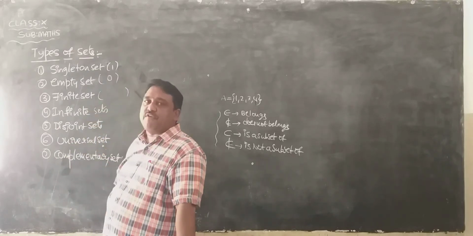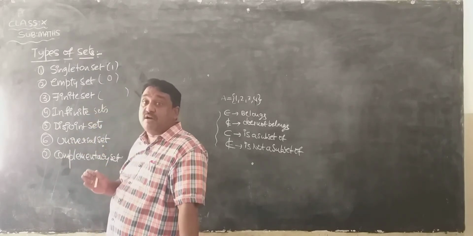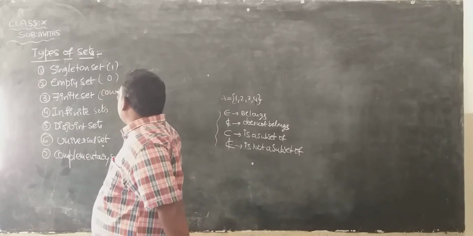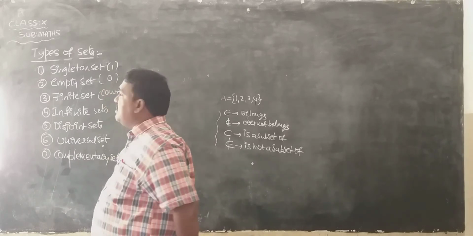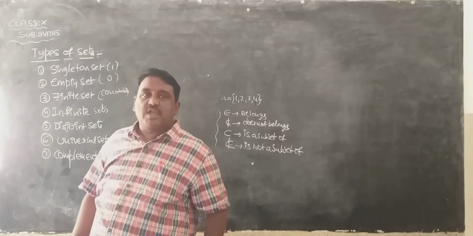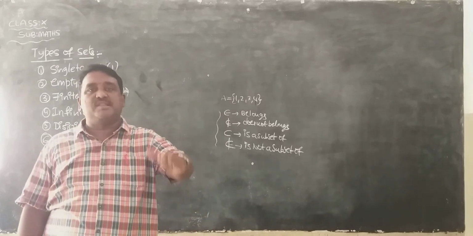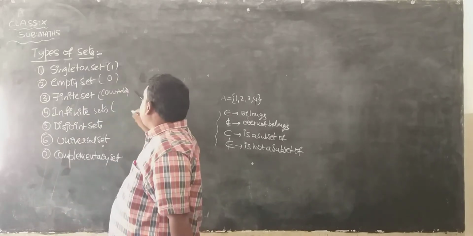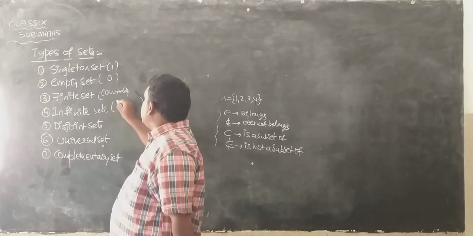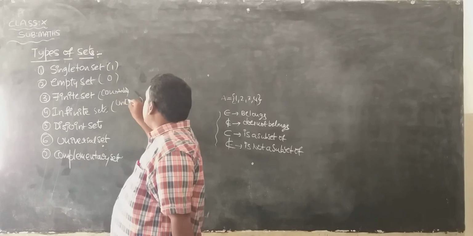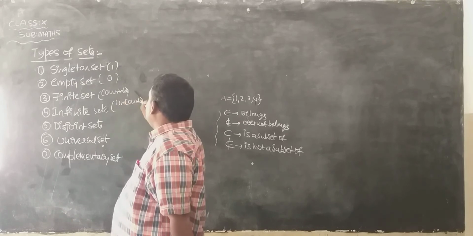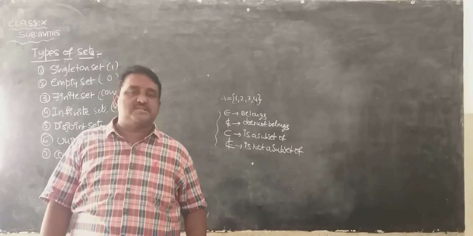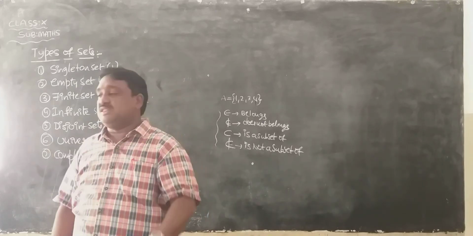If we are able to count how many elements are there, it is known as countable. Infinite set, uncountable: we are unable to count how many are there.